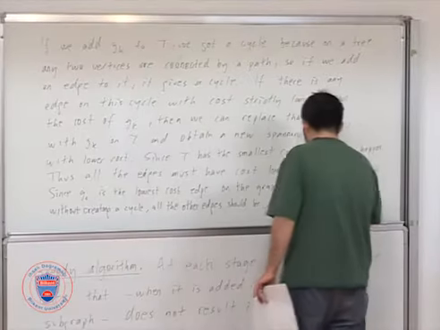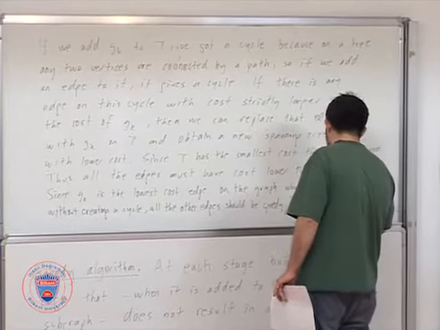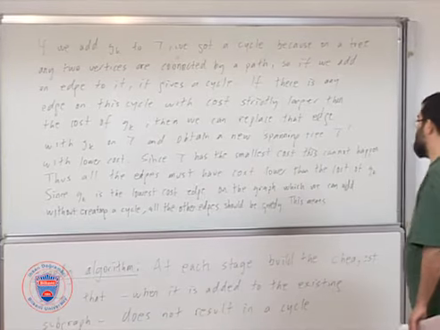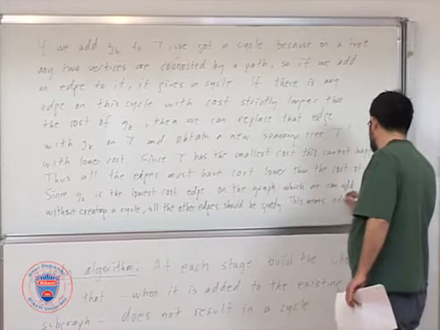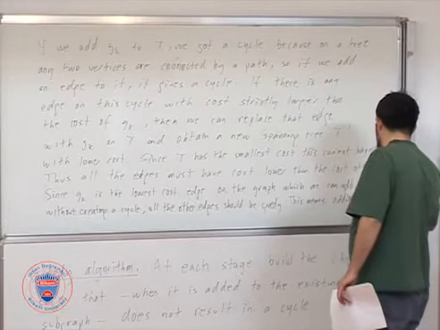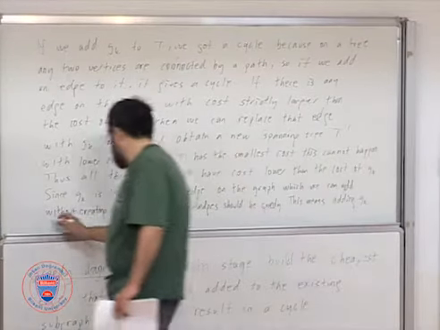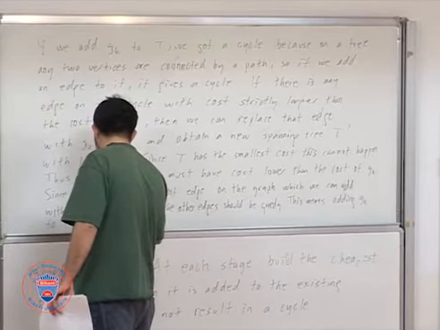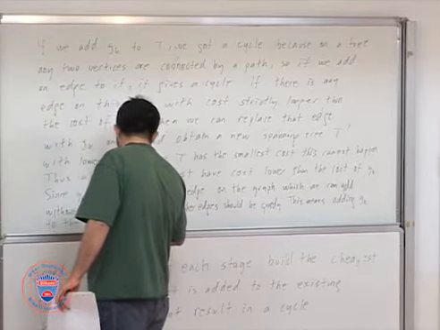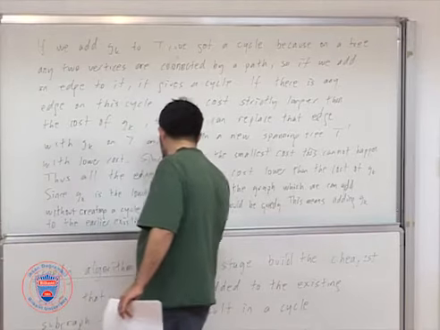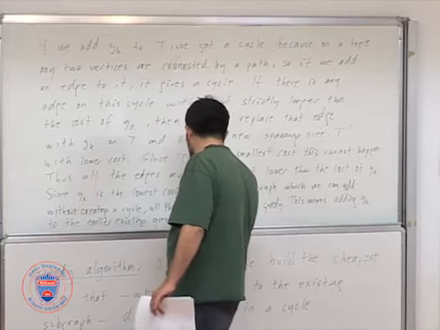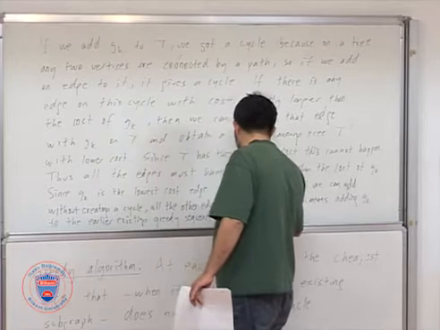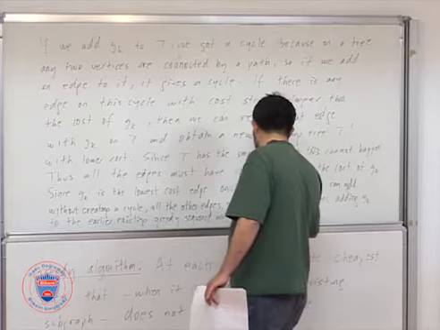But this means adding GK to the earlier existing greedy sequence will create a cycle.